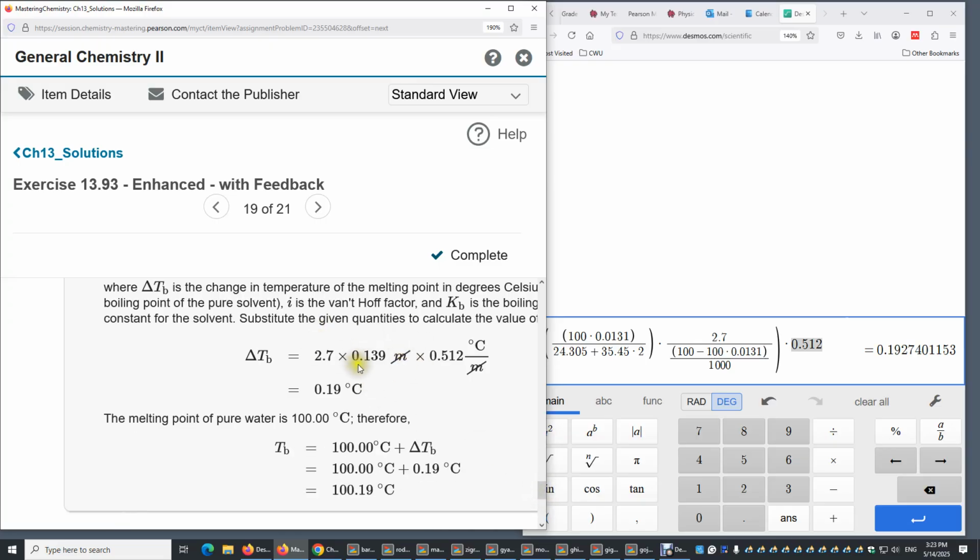Over here you get the molality of this magnesium chloride multiplied by the Van 't Hoff factor and then multiplied by the boiling point elevation constant. And you have the boiling point elevation of 0.19 degrees Celsius. The baseline is 100.